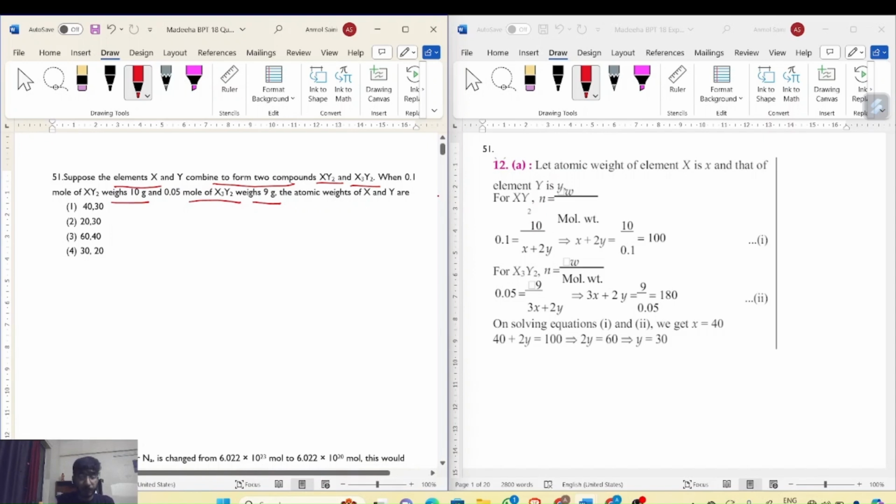So first of all, we know that number of moles is equal to weight divided by molecular weight.